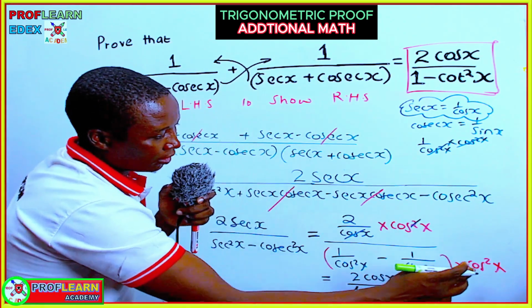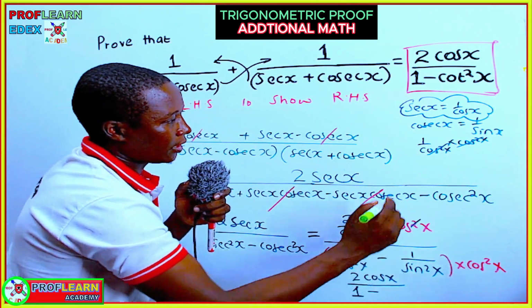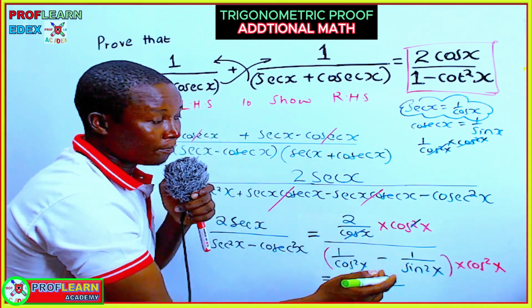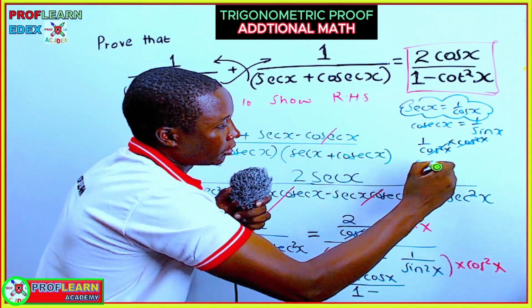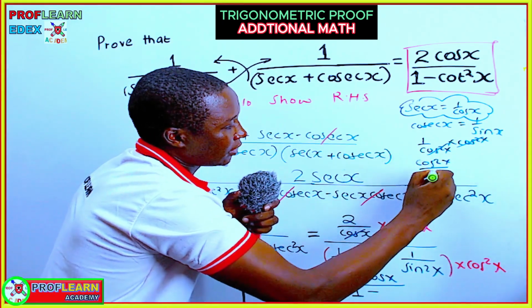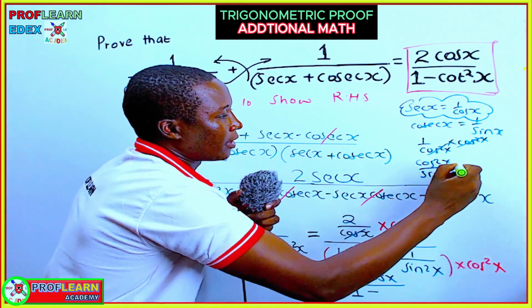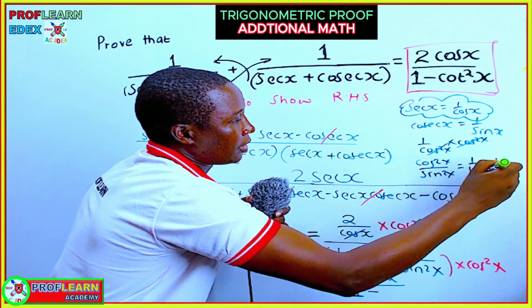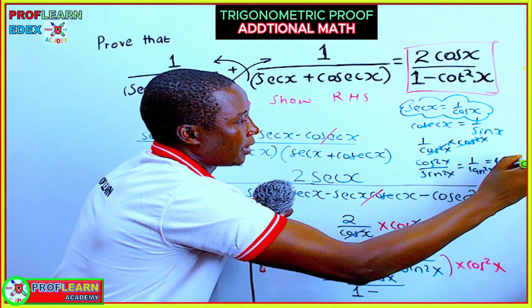Then we are having cos squared x times 1 over sine squared x. That's going to be cos squared x over sine squared x, and that is actually 1 over tan squared x, which is cot squared x.